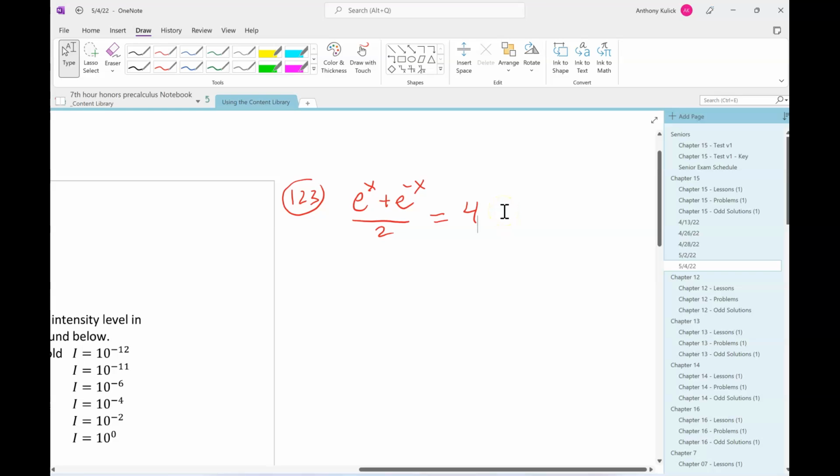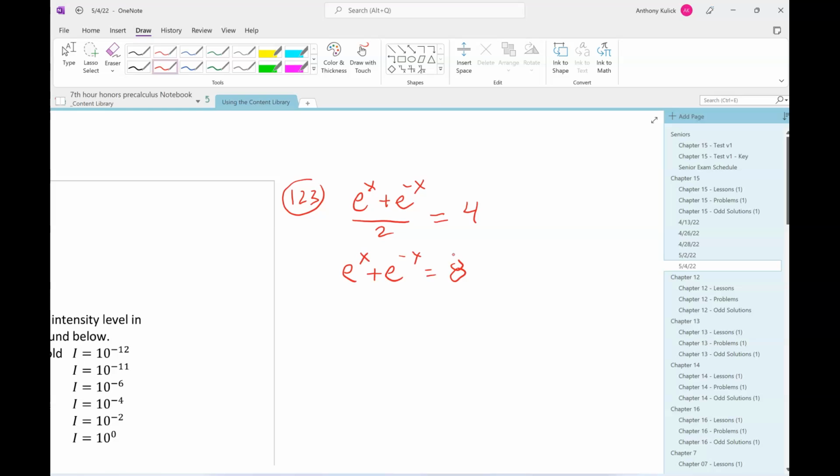First step is I'd multiply both sides by 2 to get rid of the fraction. There we go. Okay, so far so good.